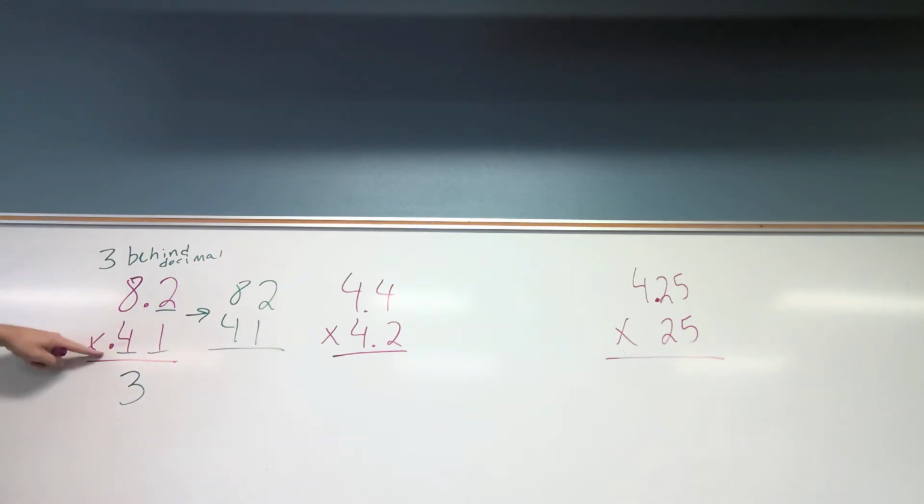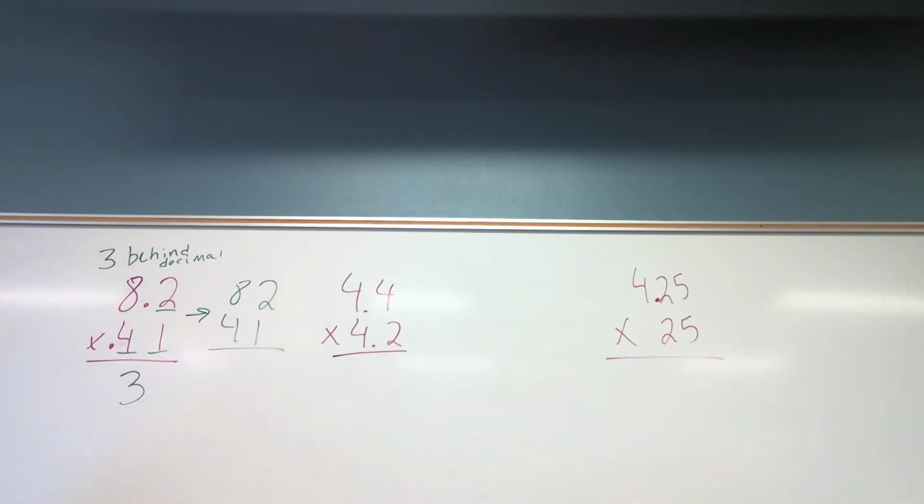Multiplying 8 by something less than 1, the factor is going to get smaller. 3 numbers behind the decimal point in the problem, 3 numbers behind it in the answer.